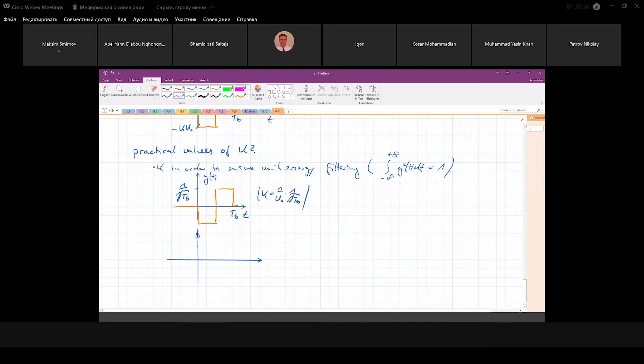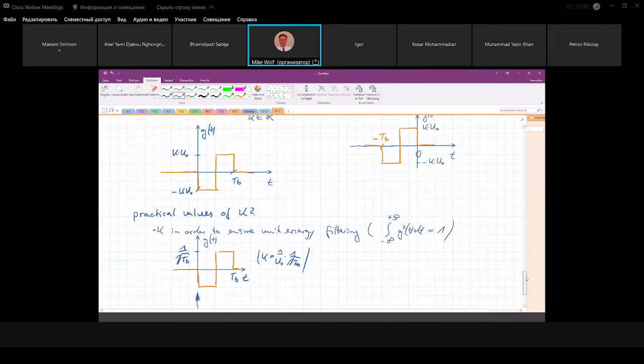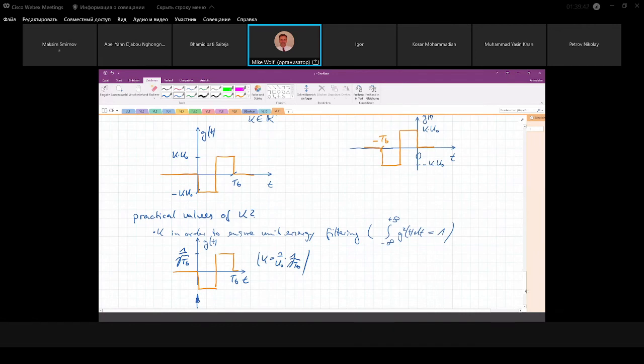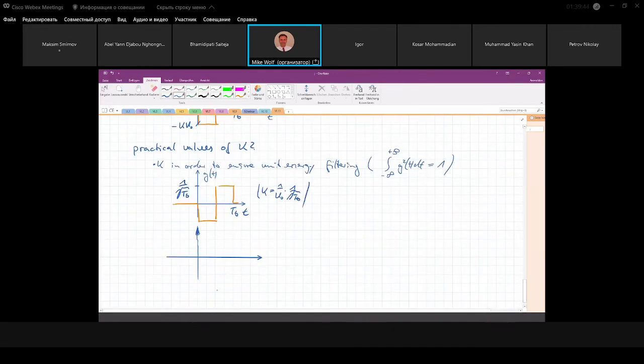This is the causal version of this filter. So now I have to do the convolution of this and this. So we know this w of t, S1 has been sent, and to know what is w of t, this is S1 of t, to do the convolution with g of t.